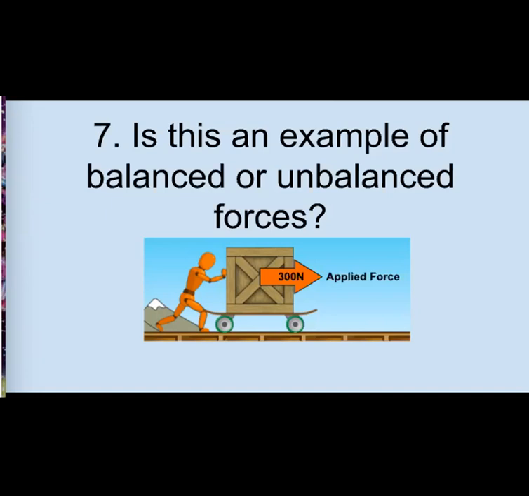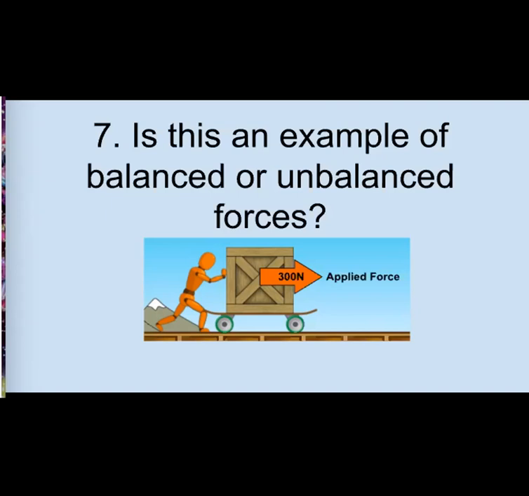I picked unbalanced forces because there's only one arrow. On the other side, there's no force pushing. Okay, thank you. Lila, what did you pick and why? I picked unbalanced forces because there's only a force being applied to one side. Okay.